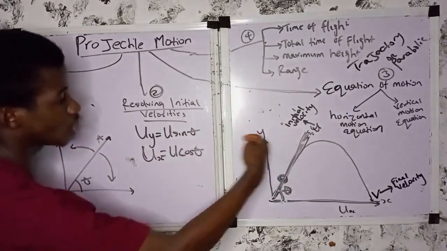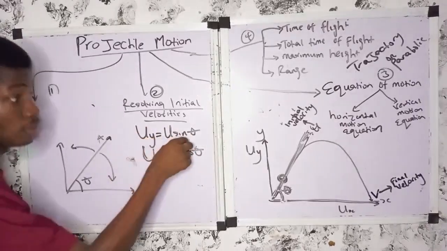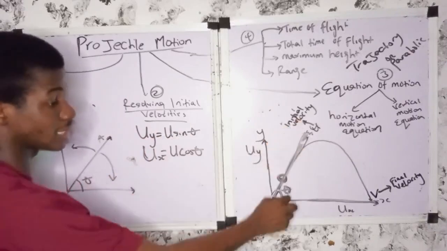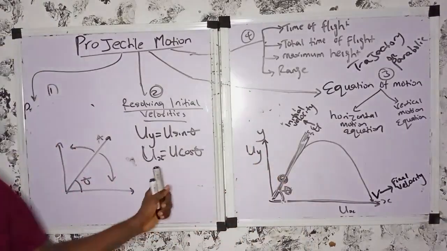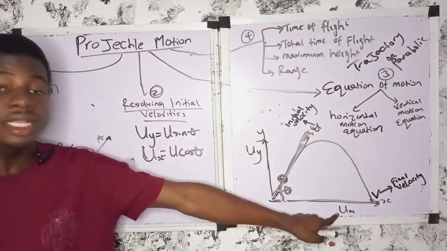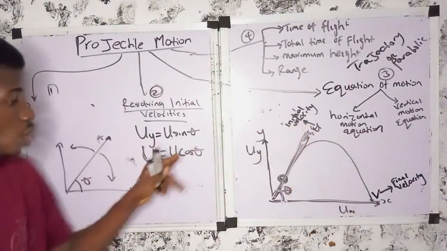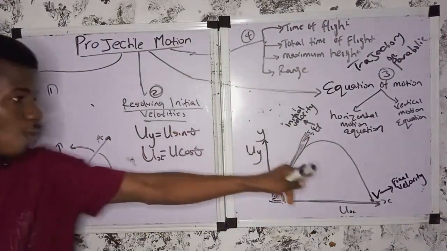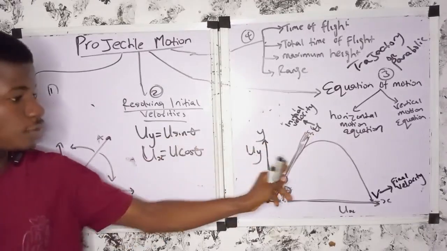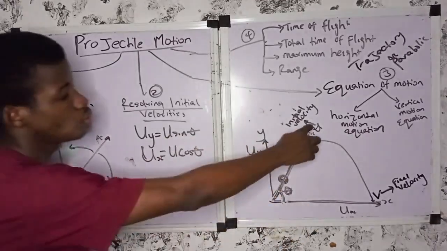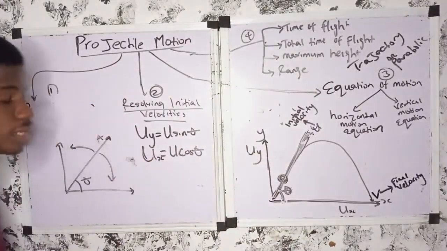So resolving to the vertical axis, we use sine theta, because this object is at an angle. Then resolving to the x-axis gives the horizontal velocity, u cos theta. Resolving to this part gives u sine theta, and resolving to this part gives u cos theta. Yes, please take note of this part.